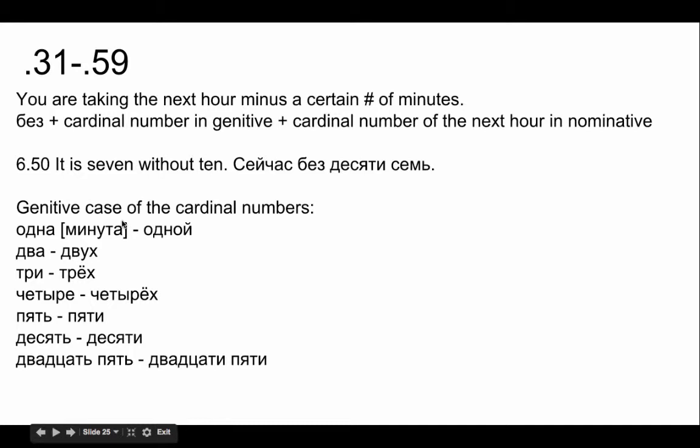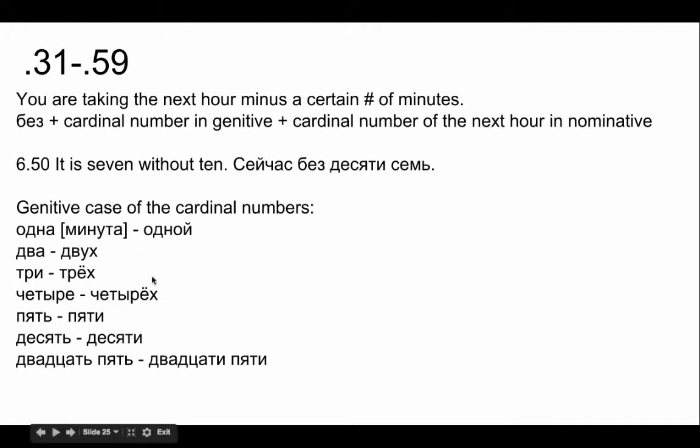Сейчас без 10:07. The genitive case of the numbers, most of them, if you notice, are ending in E. The only exceptions are 1, 2, 3, 4. And again, since most of the time people round off, most of the time you'll use the E ending. If you have to be really specific, like 1 till or something like that, then you have to use одной, двух, трех, четырех.